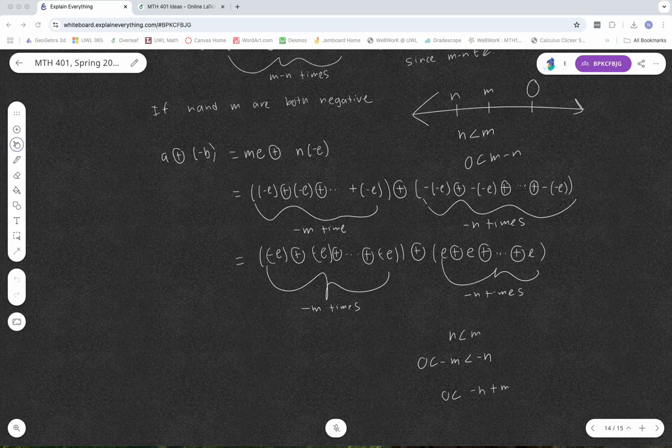I'm just trying to count how many E's are left. So a bunch of them are going to cancel out. But there are more of these than there are of these, because negative N is bigger than negative M. So how many are left in particular? Negative M plus N. This is going to be a positive number.